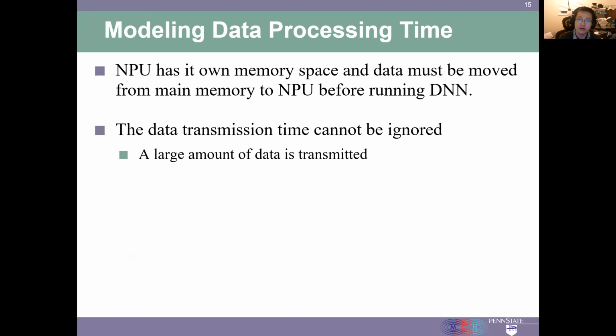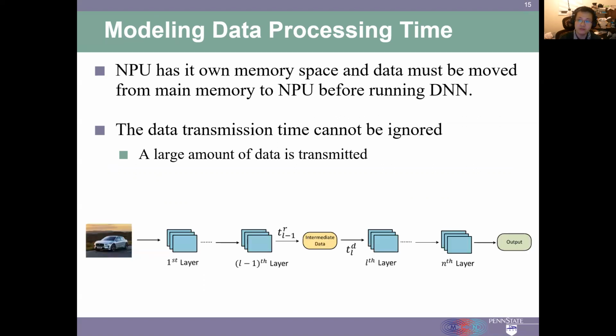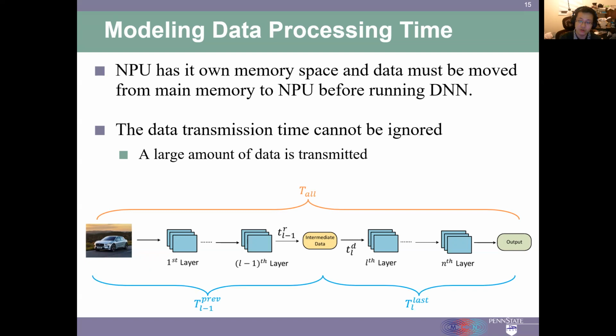The basic idea of computing the data transmission time and the layer processing time is shown in the figure. We leverage the difference between running the whole model and running the partition model. We use this difference to compute the data transmission time, and further use the data transmission time to compute the layer processing time.